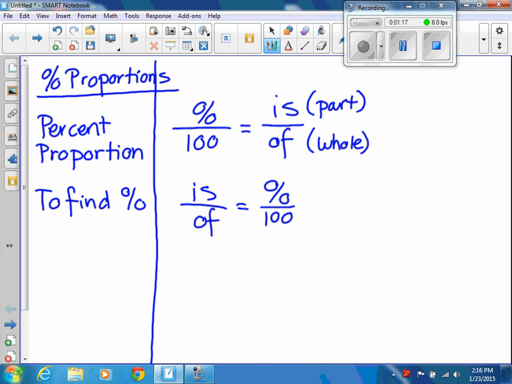Okay? To find the part, and again, we said that the part is the word is. We're finding this here. To find the is part of it, the part is is.